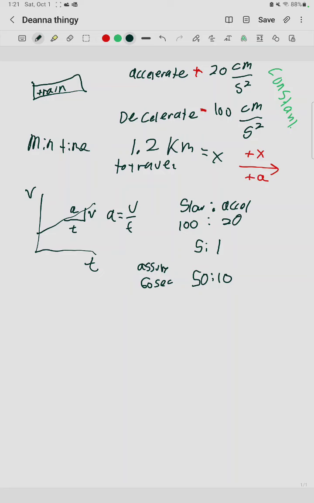So then from there, you just know that it goes from 0 up to some V max. And then it slows down a lot faster than it sped up. And that's your total time here. No, not acceleration, it's velocity.